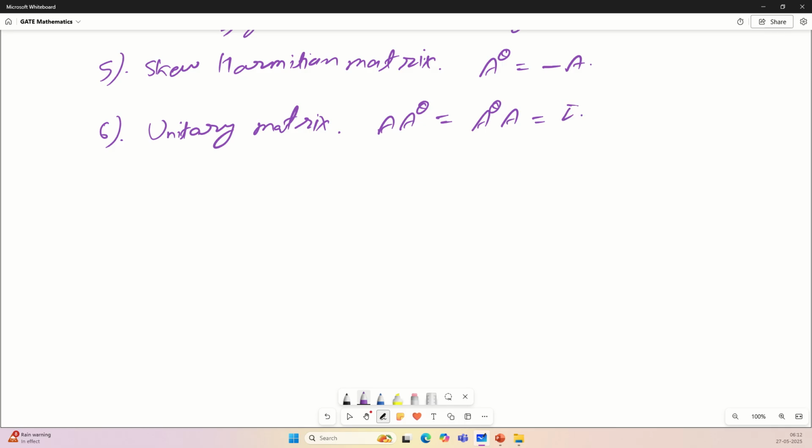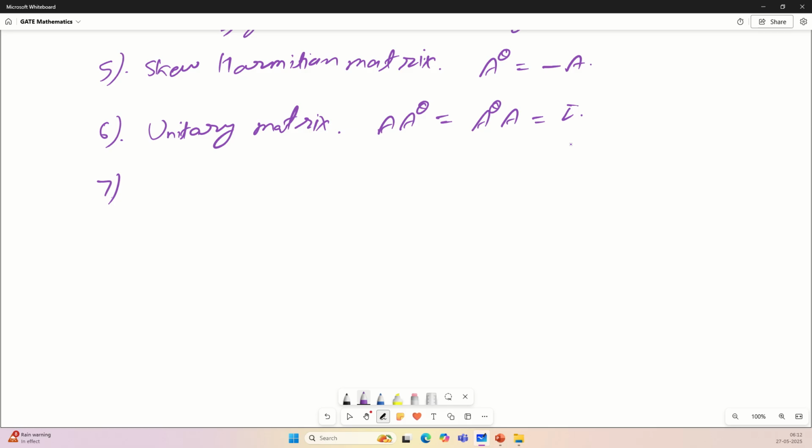So similar to the orthogonal matrix, we have unitary matrix, and unitary matrix is a generalized form of orthogonal matrix you can consider, where A into A theta is equal to A theta into A, that is going to be equal to identity matrix. Okay. So quickly we will write down 2-3 properties based on this particular conjugate ones and other ones.